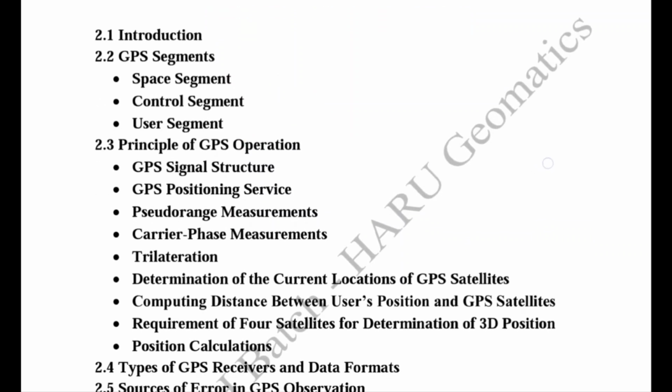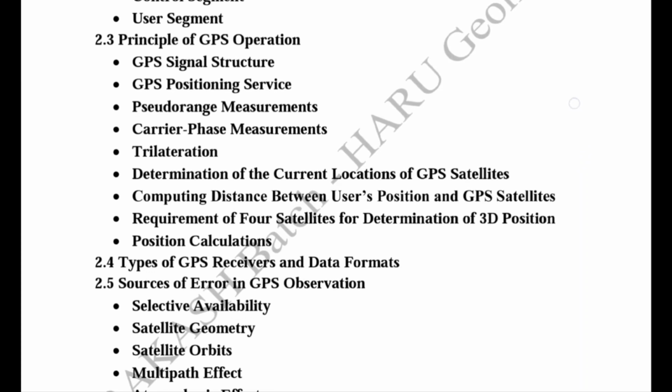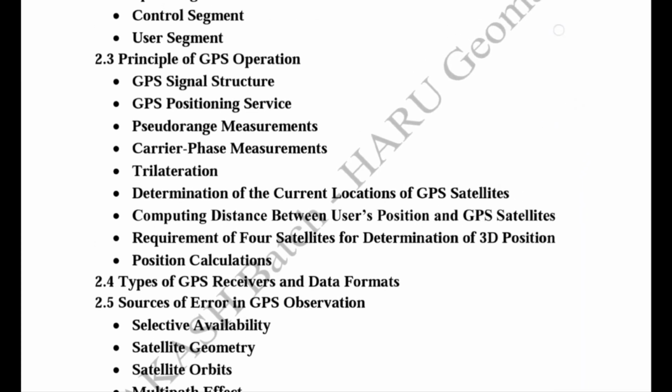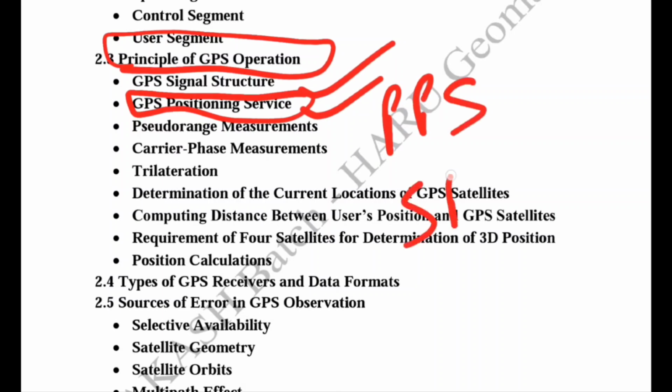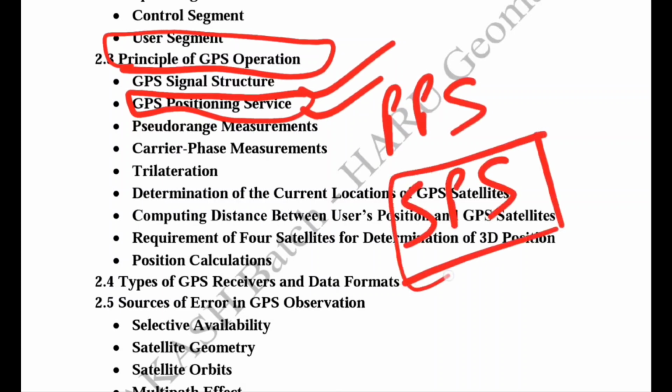After that, in this unit we will study the important parts of GPS, the first of which is the principle of GPS operation, under which we will study the signal structure and positioning services, because we have heard about PPS and SPS. SPS is the Standard Positioning Service, PPS is the Precise Positioning Service, and we will see which is better of these two.